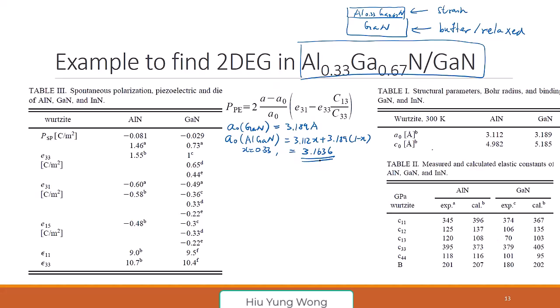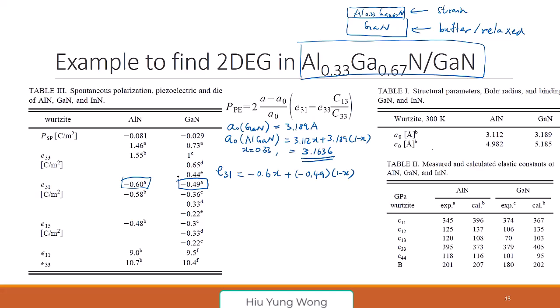We need the equilibrium lattice constant because we need to calculate the strain later. But anyway, now my question: we want to use this equation to calculate the piezoelectric polarization. So this equation asks us to find the E31 also. How do I do that? Same, use what you just suggested: 0.6 times x plus negative 0.49 times 1 minus x. I use these two numbers.